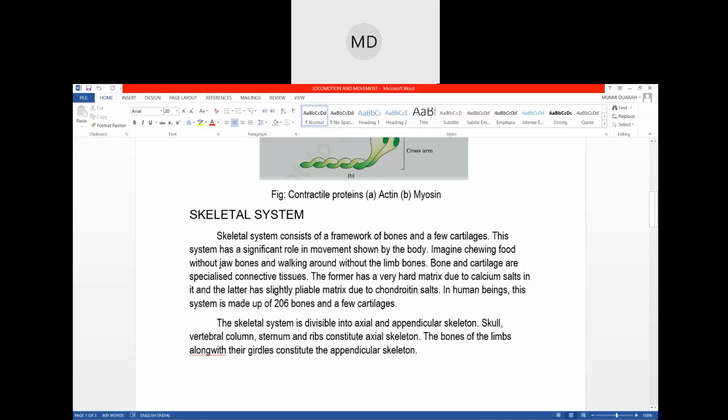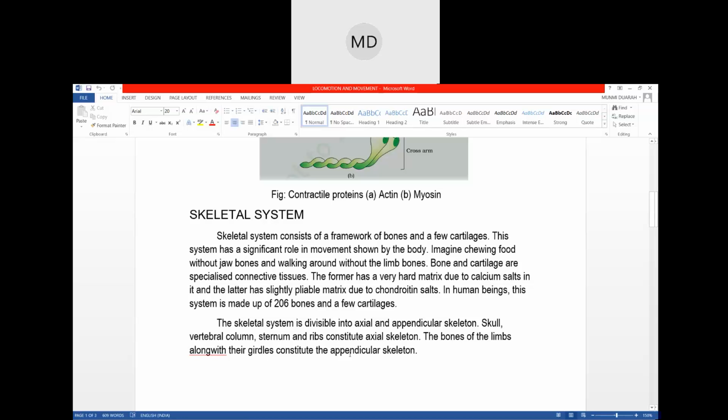So you can see what the girdles are. Okay, it is present in the hip region. So the bones of hands and legs and the girdles will be included in the appendicular skeleton.